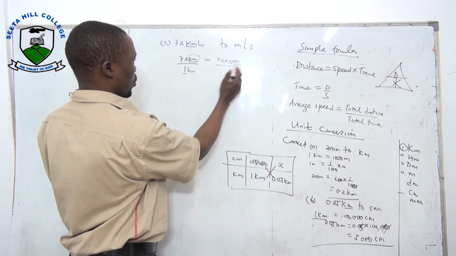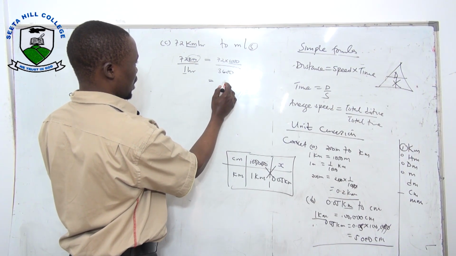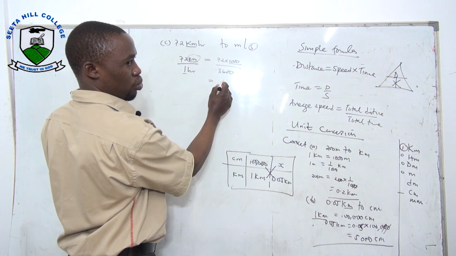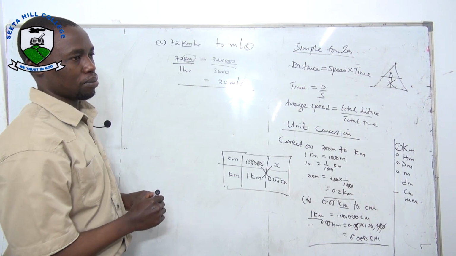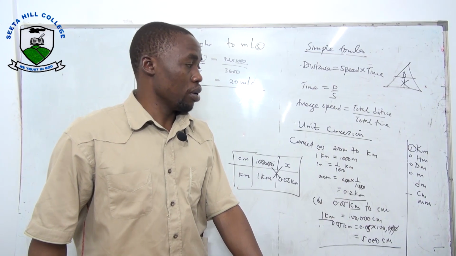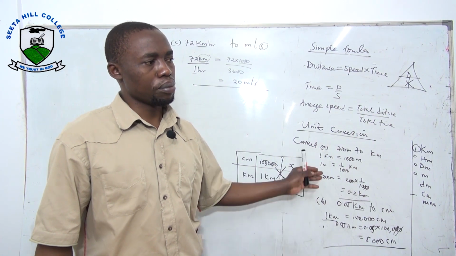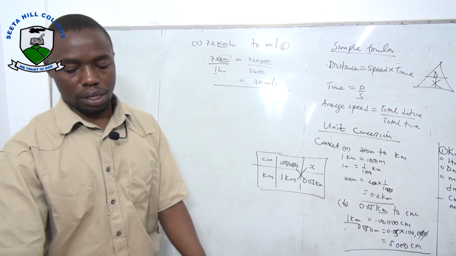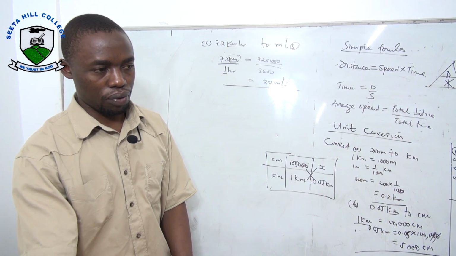Then down, 1 hour must go to what? Yes, that gives us 72 over 36 is 20 meters per second. That right? You'll enjoy more with the physics teacher, but for us, we need them here. Now, let me give you question 1, and we draw it.